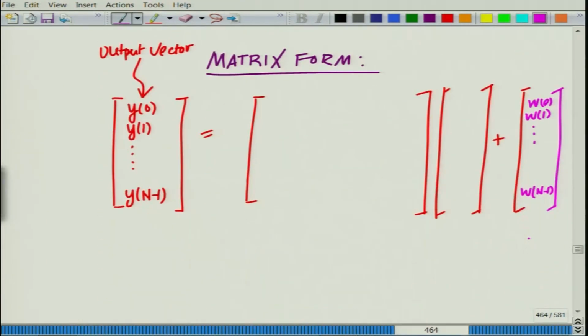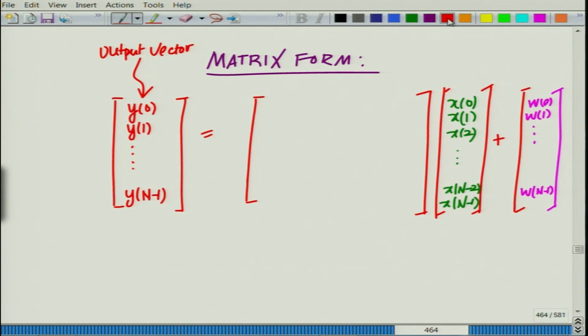And now if you write the input symbols, these are the samples x0, x1, x2, up to xn minus 2, xn minus 1.